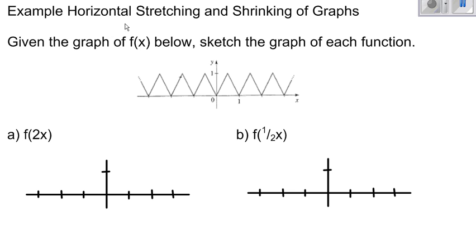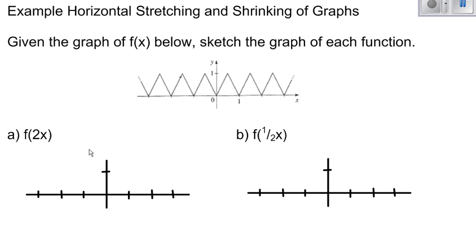Here's an example on horizontal stretching and shrinking. This time we're not given the actual function, just the graph, and we need to determine by looking at what they do, does it stretch or shrink? So this time there's a 2 in front of the x, and if you recall, anytime it's with the x, it is going to do the opposite.